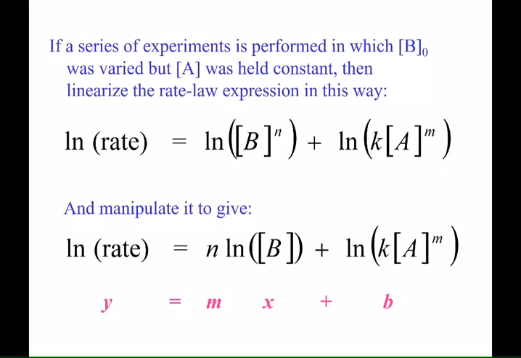Now, if we plot along the x-axis the log of the molar concentration of B, along the y-axis the log of the rate, our straight line will give us the reaction order of B, which is N. It doesn't have to be N. You guys should be a rebel and make it some other variable. It really doesn't matter, I don't think.